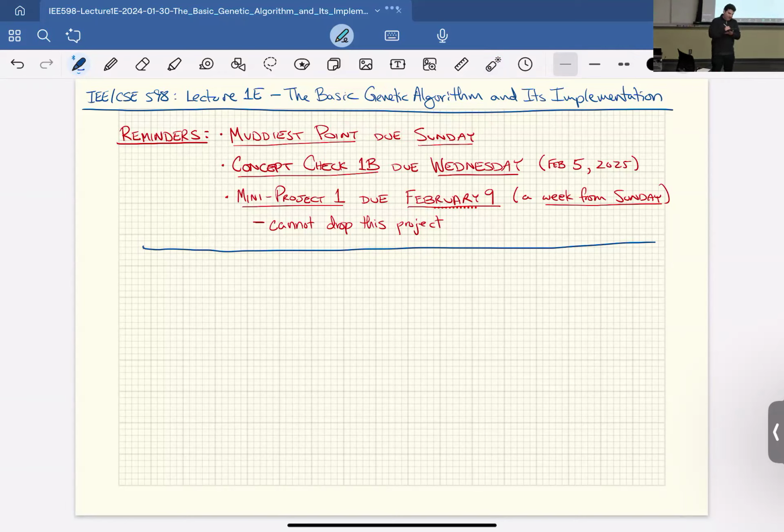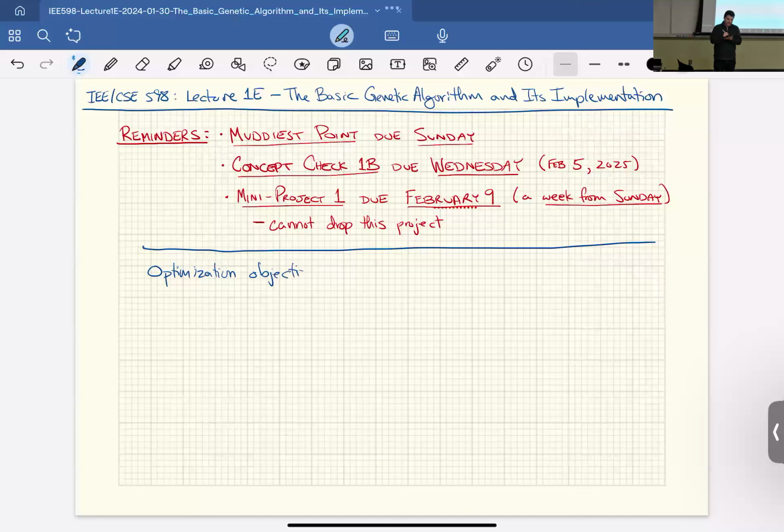And so we've been saying that our decision vector in our optimization problem... So of course, just as a reminder, the goal here is we have some optimization objective, which might be to minimize some function that is a function of this decision vector, which is just a collection of decision variables.